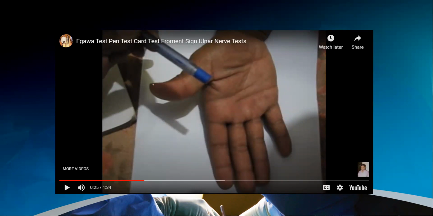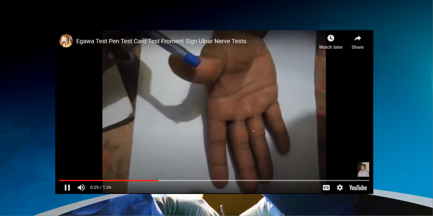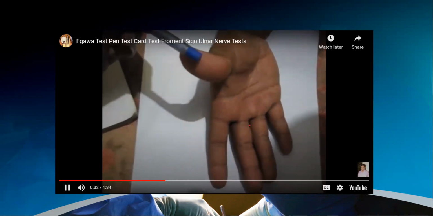You check this abduction of the thumb by doing this pen test. In the pen test, you keep a pen perpendicular to the patient's thumb. Ask the patient to move their thumb up to the ceiling and touch this pen. If the patient is able to touch the pen, that means their abductor pollicis brevis is working. That means the median nerve is working. The patient is asked to touch the tip of the pen with the tip of the thumb.